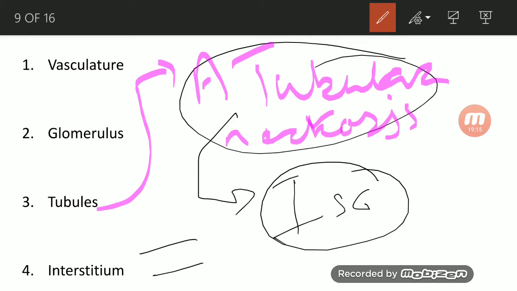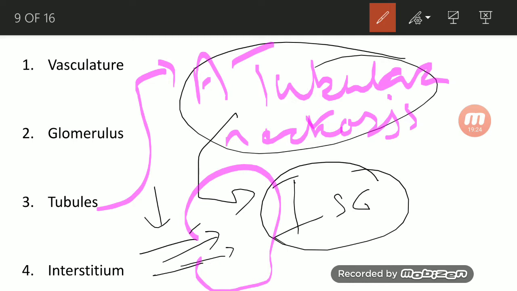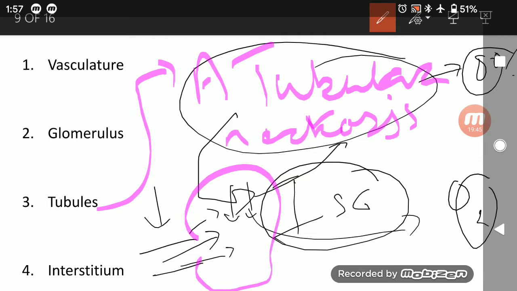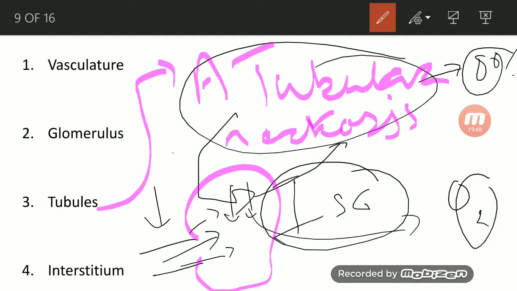Blood flow to your kidney has reduced, so the tubules are not getting enough blood. If it is not getting enough blood, there will be a reduction in oxygen. Because of this reduction in oxygen, your tubular cells will undergo necrosis, and 80% of intrarenal injury is because of acute tubular necrosis.